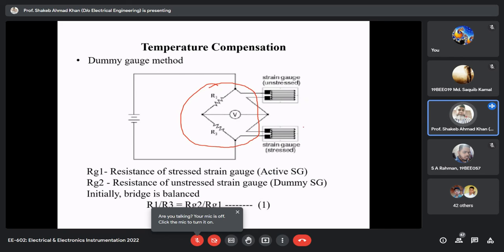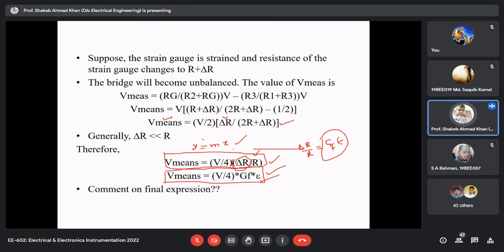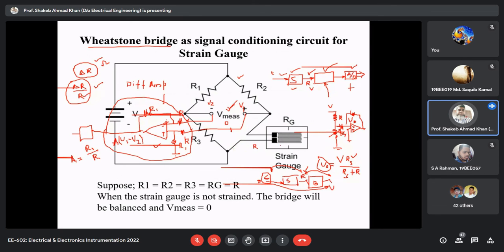One is the active strain gauge, bonded to the structure, and another strain gauge is kept somewhere in the same vicinity, but it is not bonded, so it is not active. Then we connect it in this bridge like this. Earlier we had only one strain gauge, the active one. Now we are putting another strain gauge here.